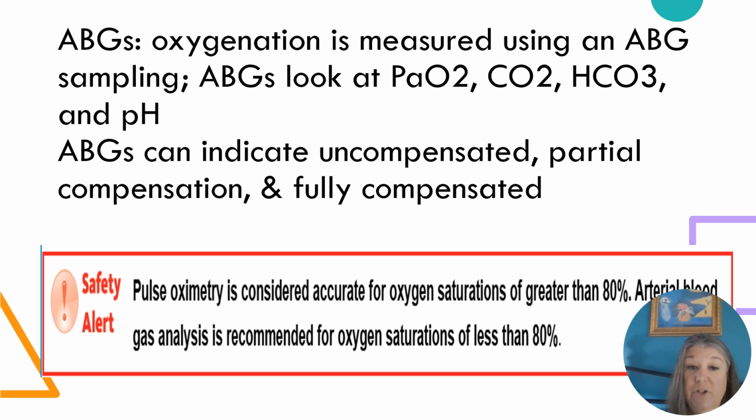ABGs are also going to look at PaCO2, our bicarb, that's HCO3, and then of course our acid level. So ABGs tell us if our acid-base imbalance is uncompensated, partially compensated, or fully compensated. All right. And this is what we're going to go over figuring out in class, in lab.